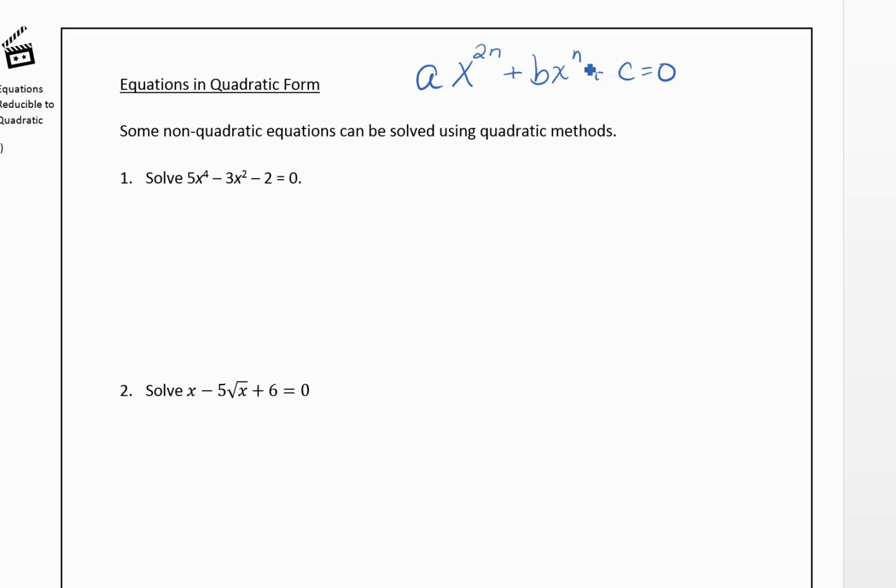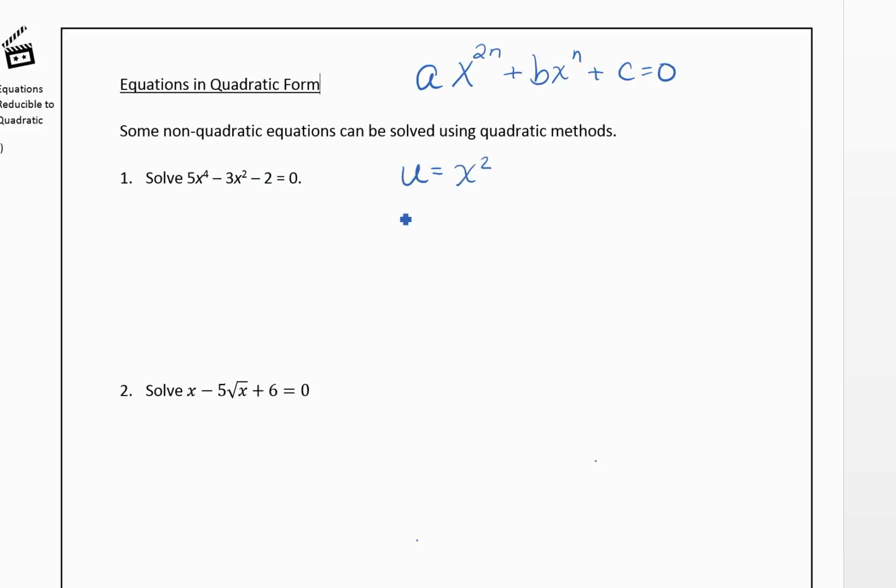Okay, so here the first one says solve 5x to the 4th minus 3x squared minus 2 equals 0. And notice the first exponent is a 4, and then the second one is 2, half of that. So we're going to let u always be the one that's half of it, the second one. So we're going to let u be x squared.